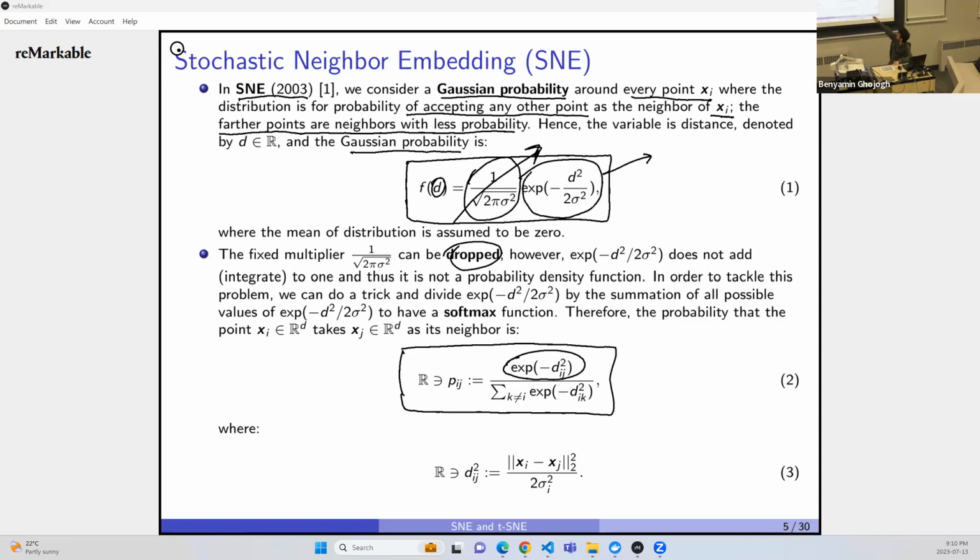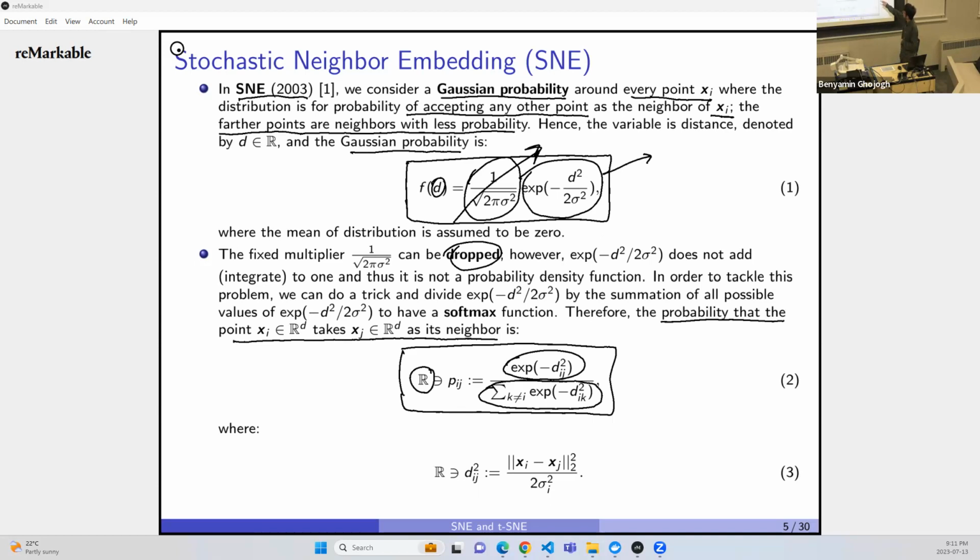We sum over all of the points in the denominator to make it sum to 1. Pij is the probability that xi accepts xj as its neighbor. It's a scalar.